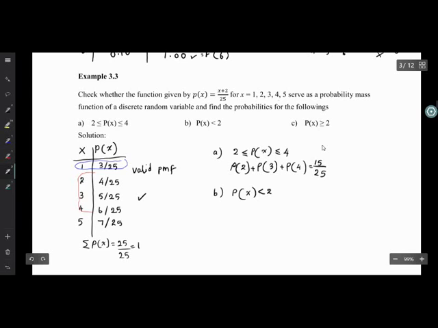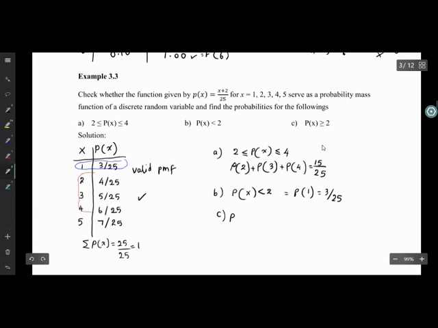So that probability is just P1, which is 3 over 25. You should see the difference between the equal, the less than or equal, and the less than. So if this contains the equal sign, you have to add P(x equals 1) and P(x equals 2), both of them. But here it is just the less than, so 2 is not included.